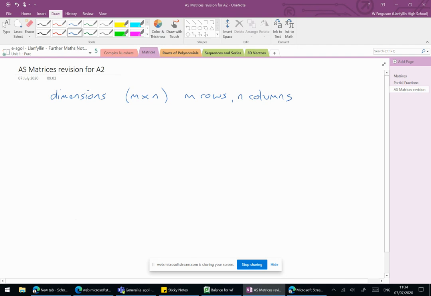So, for example, if I have something like that, where the dots would be numbers, or if it's an algebraic one, there might be algebraic expressions in each of those positions. This would be a 2 by 3 matrix.